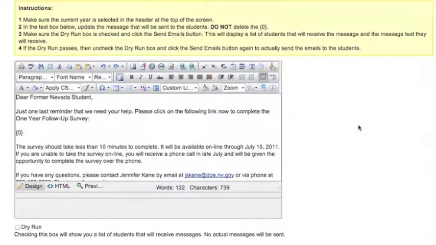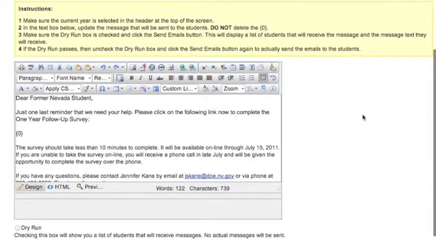So one of the things that Nevada does when it comes time for these students to take their 1-year out survey is they come to this system and they send a pre-slugged email to all the students that left high school last year.